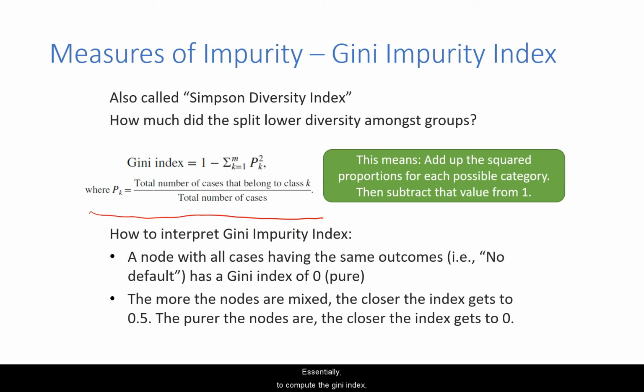Essentially, to compute the Gini index, you add up the squared proportions for each category, and then subtract the sum from 1. The proportions are computed as the total number of cases that belong to class K divided by the total number of cases. For example, suppose we have two classes, class 1 and class 0.